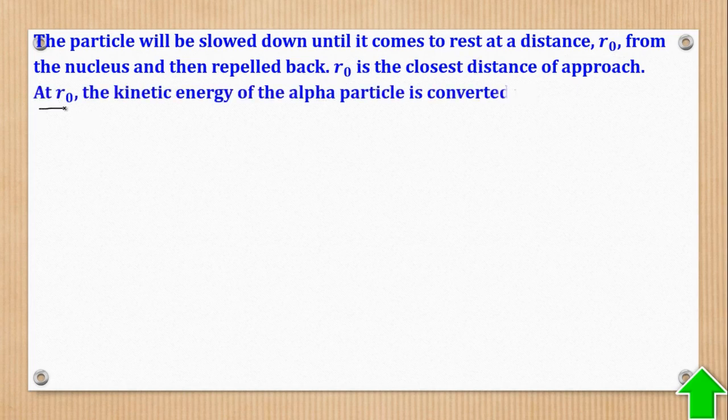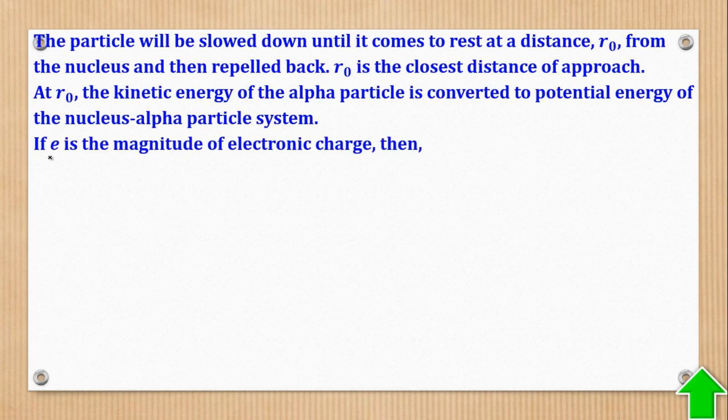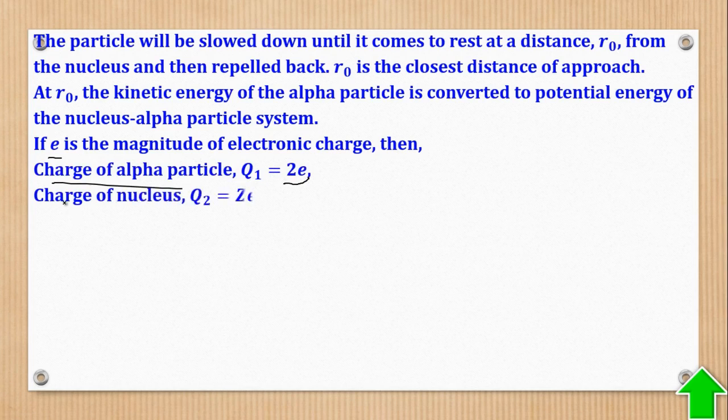Therefore, at r0, the kinetic energy of the alpha particle is converted to potential energy of the nucleus-alpha particle system. This implies that if e is the magnitude of the electronic charge, the charge of the alpha particle will be 2e. Then the charge of the nucleus will be Ze, where Z is the atomic number, times e.